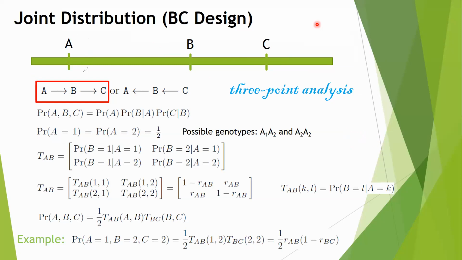So here we use this table, this matrix, to represent the transition probability. I hope you still remember.